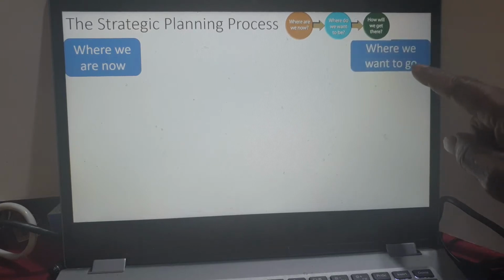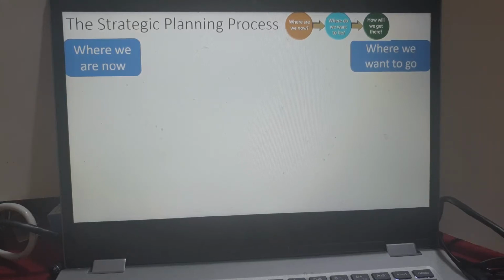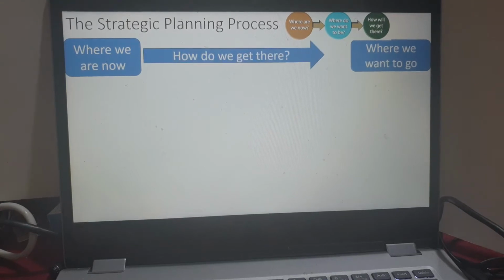So take the position where you are and foresee where you want to go. And then you will answer the question, how do we get there? There it is. That is your strategic plan. It may not be pages and pages that we are used to.